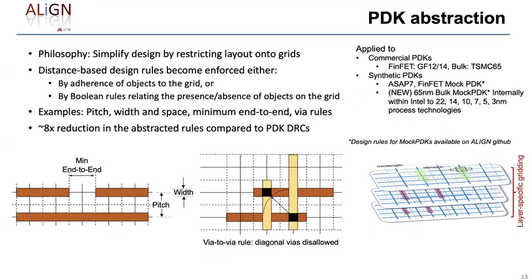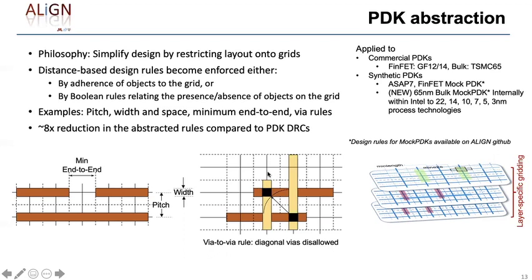Next, we look at how we abstract the design rules from the PDK. Our philosophy is that we use a simple grid-based methodology. This is inspired by traditional lambda-based rules, but of course, those are not valid for 14 nanometer and below. And so we have a mix of kind of traditional grids and also another set of grids shown by dotted lines that correspond to stopping points on the grid.